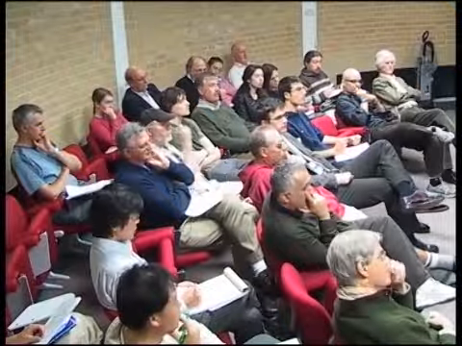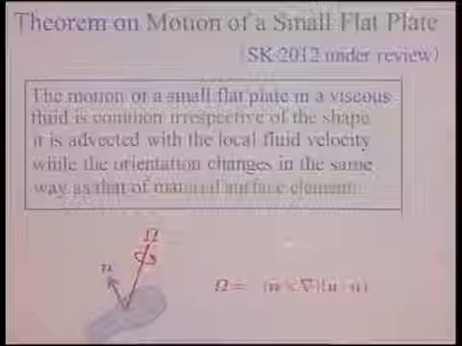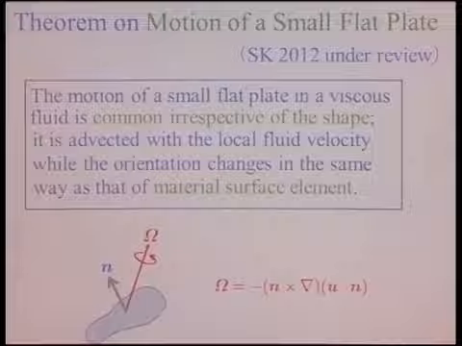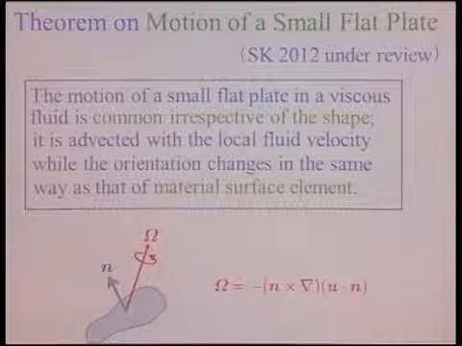The difference is that the fluid element stretches its surface area, which on average increases exponentially, but the plate does not. But the orientation obeys the same equation of motion.